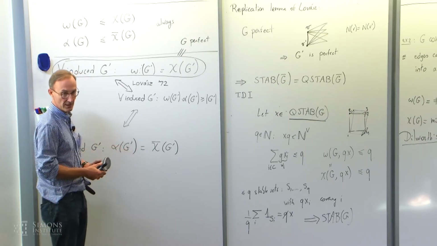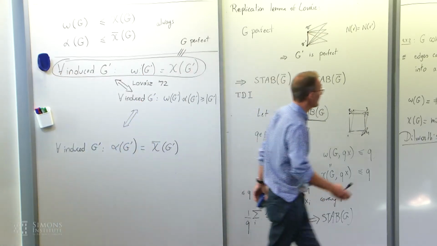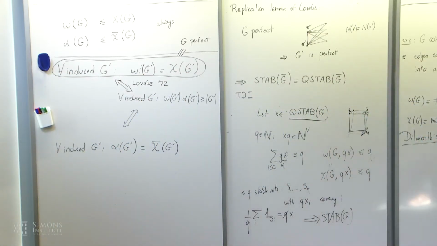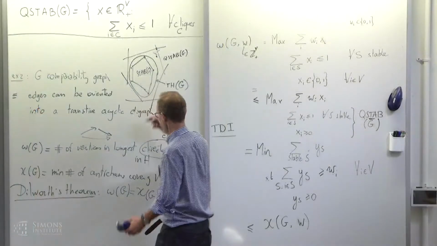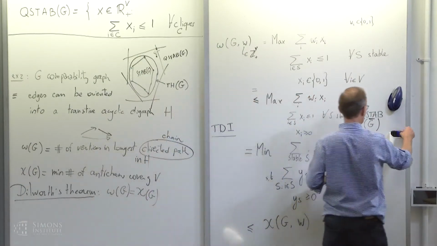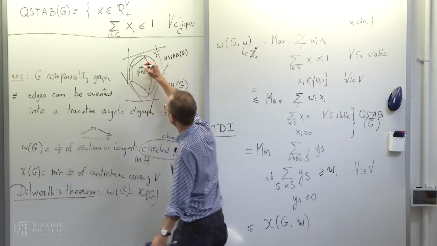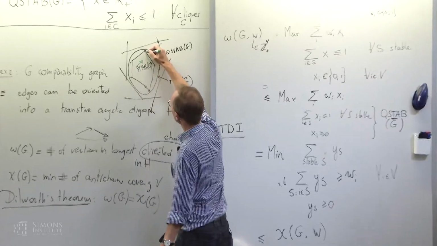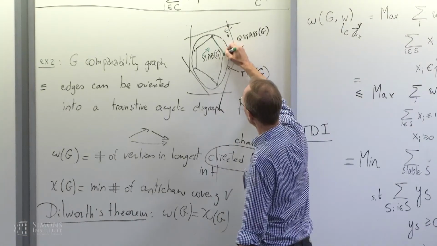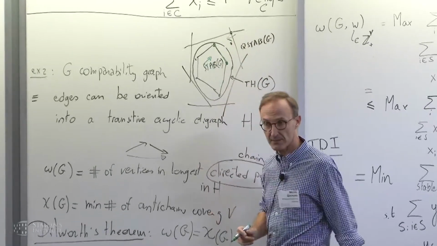Alpha of G is obtained by maximizing the vector of all ones over the stable set polytope. So I maximize the vector of all ones, and I get some stable sets that are maximum.